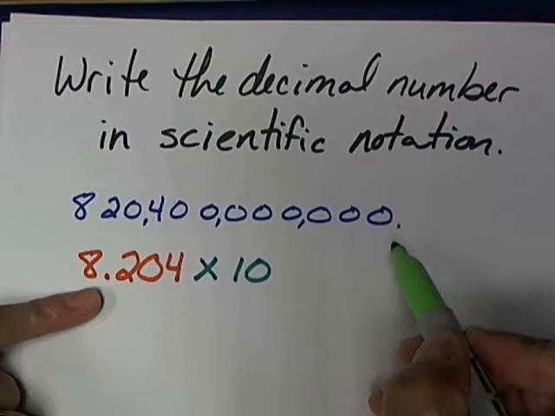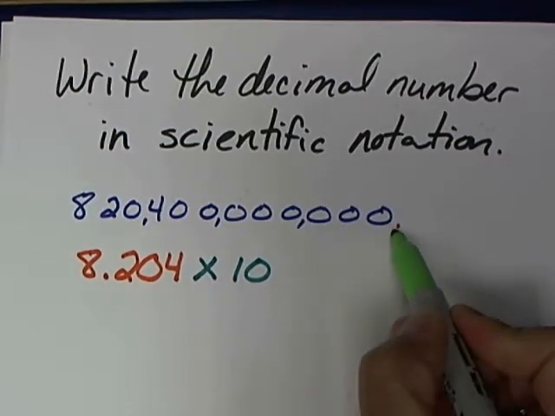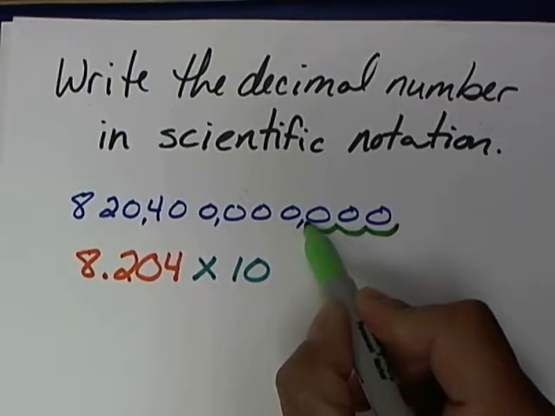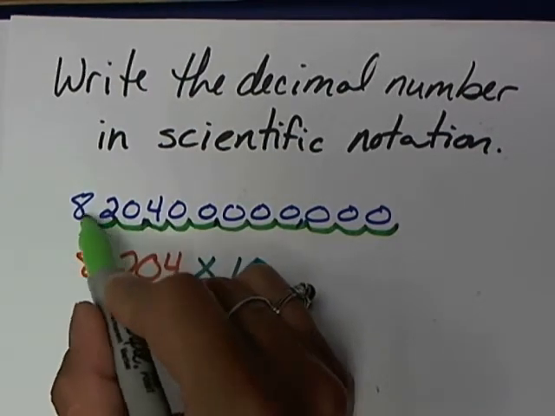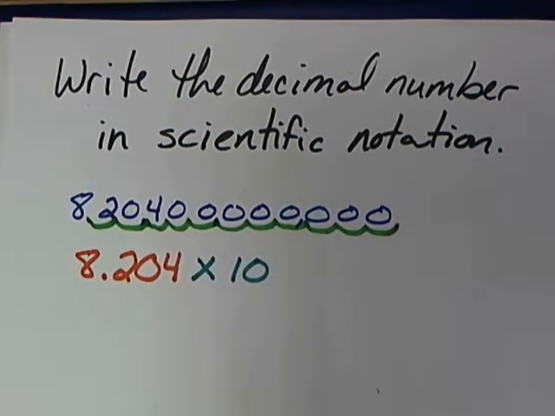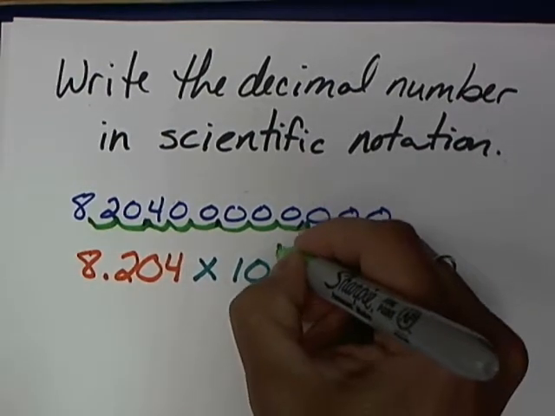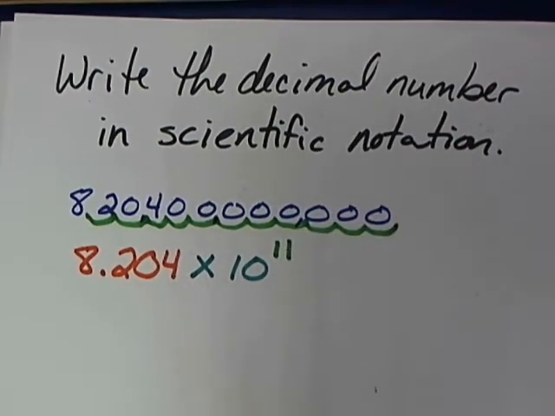I need to move it so it's between the 8 and the 2. How many spots is that? 1, 2, 3, 4, 5, 6, 7, 8, 9. One more makes 10. Oh, and another one. So that's 11. It's a big number, so our 11 is positive. So 8.204 times 10 to the 11th is this big number written in scientific notation.